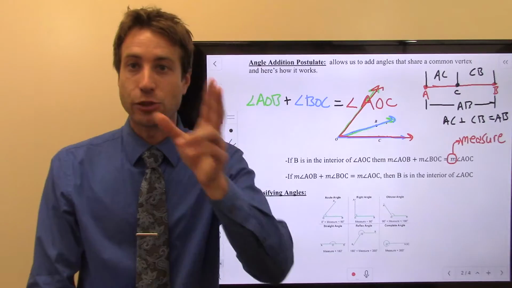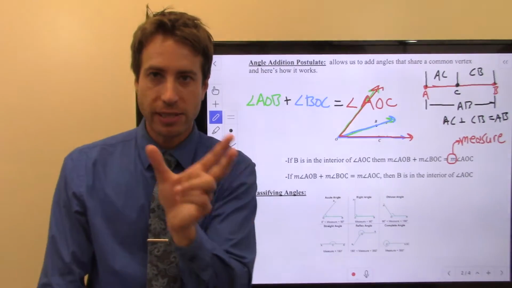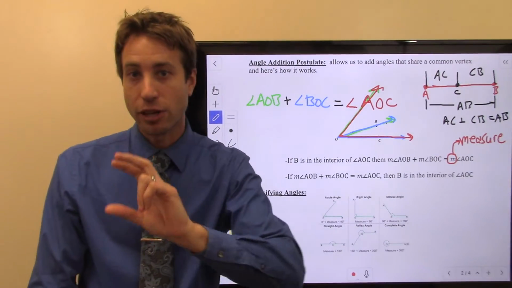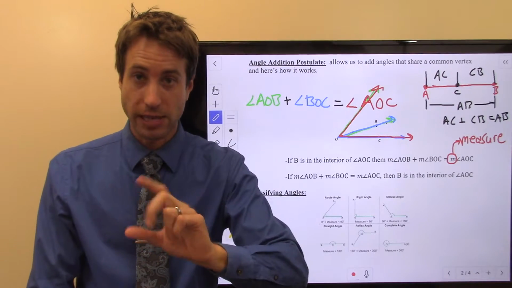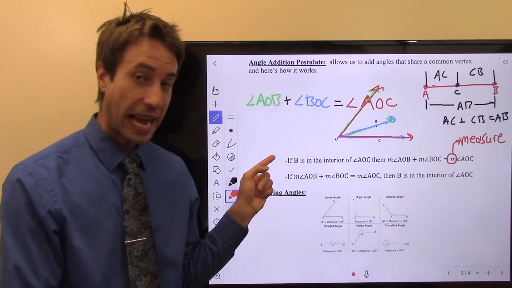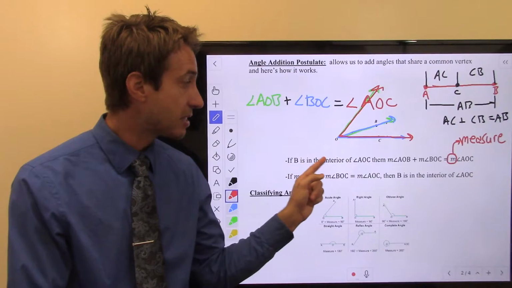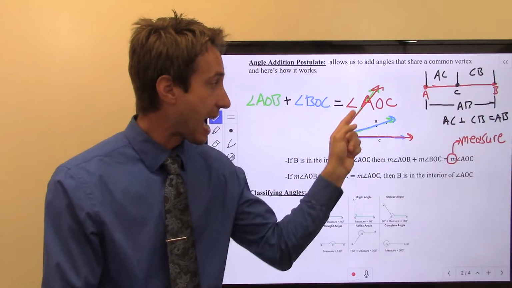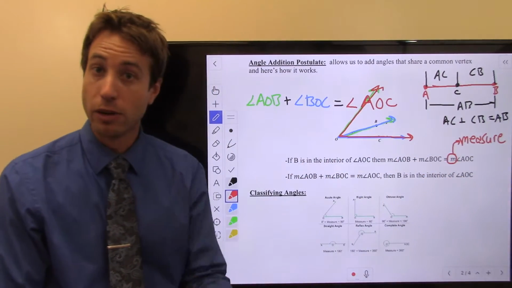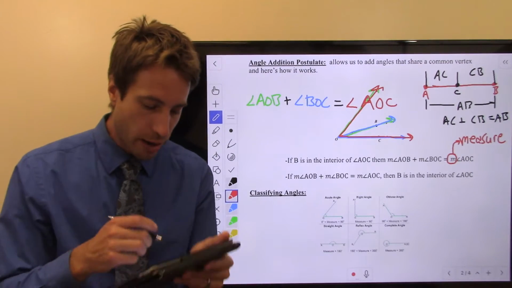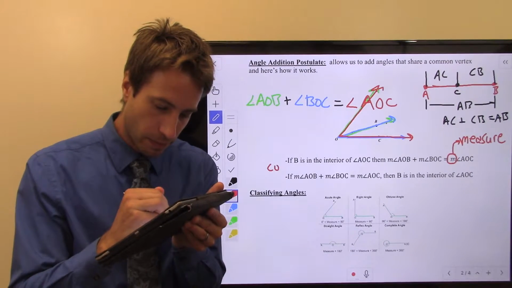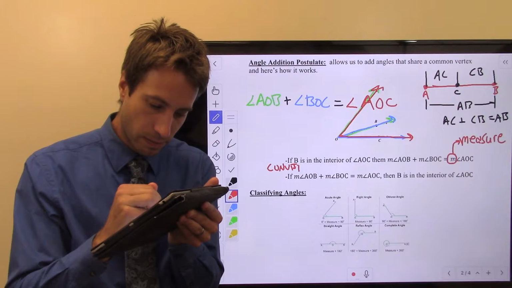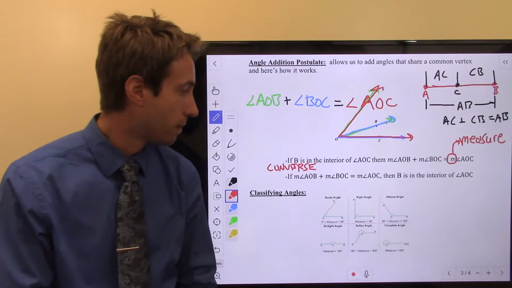Now, if you remember back to the segment addition postulate, I gave you the segment addition postulate and then I gave you the converse statement, right? The converse statement, same thing here. This is the angle addition postulate. If B is on the interior, then I can add the smaller angles to get the bigger one. Check this out. The converse statement. Look.